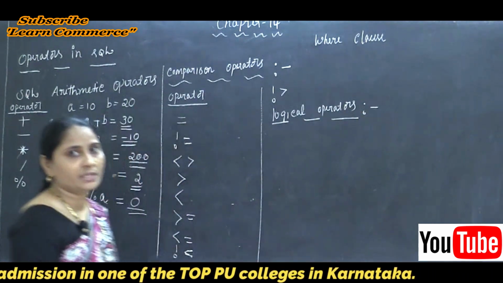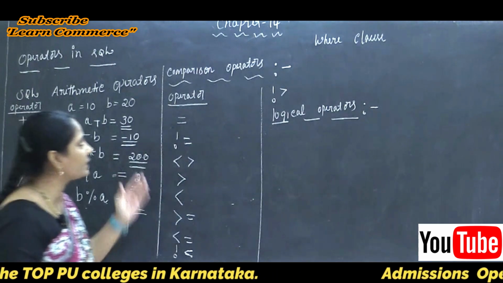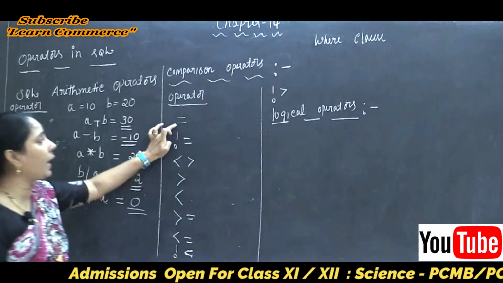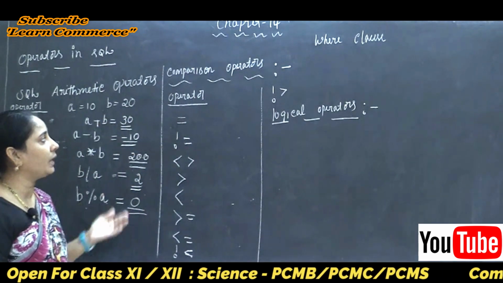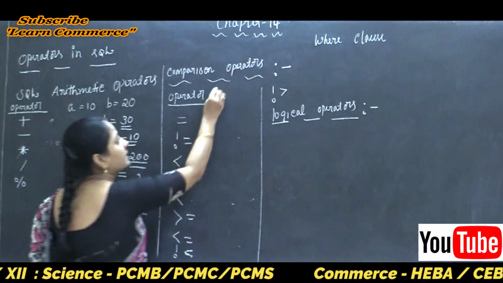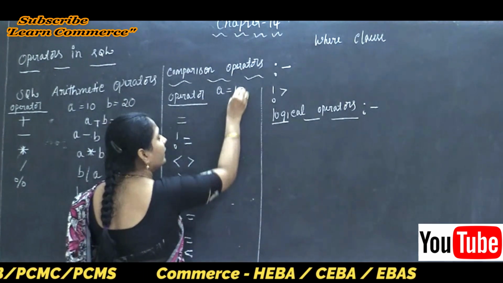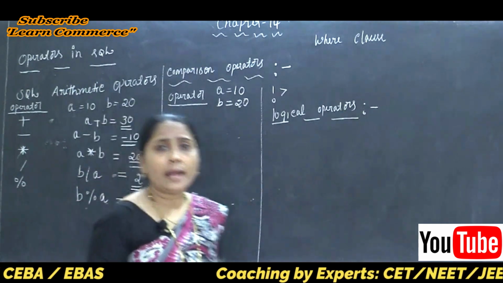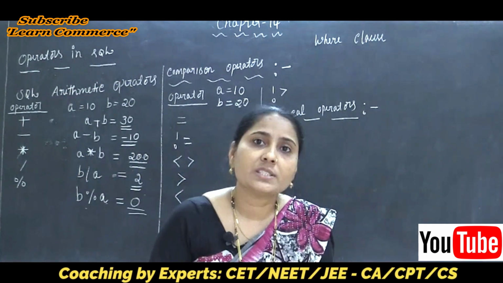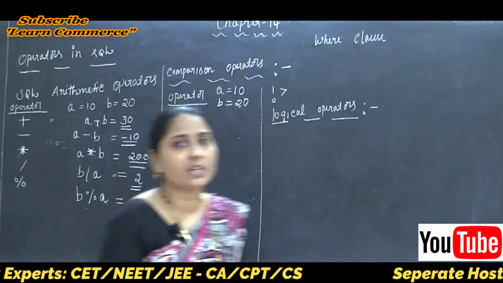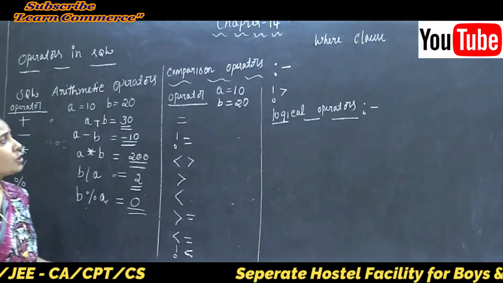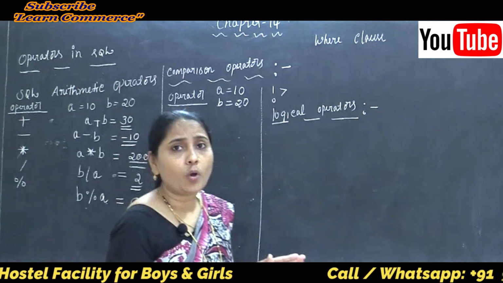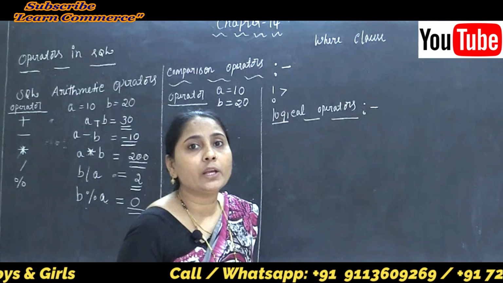Now let's discuss our comparison operators with some examples. The first is the equal sign. Before explaining it, I am using some values: variable A holds 10 and variable B holds 20. Why do we use the equal sign? To check if the values of the two operands are equal or not.